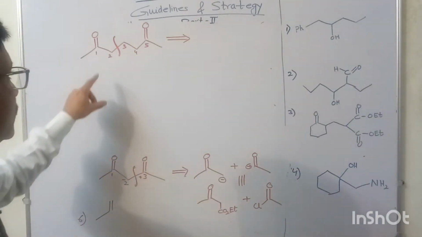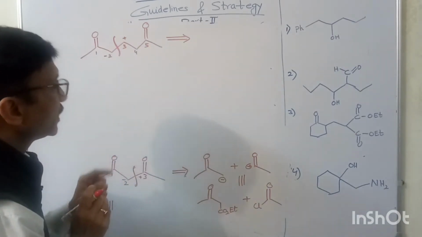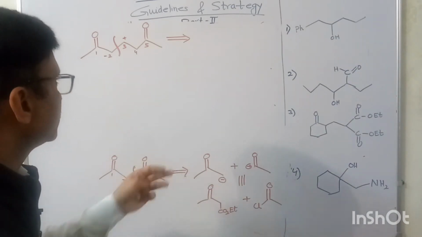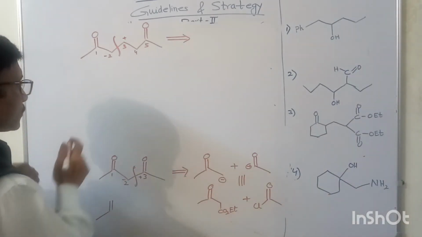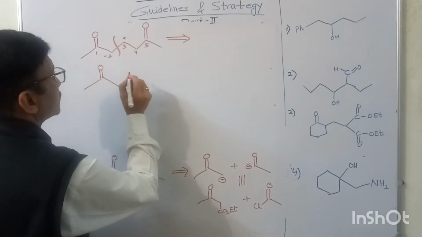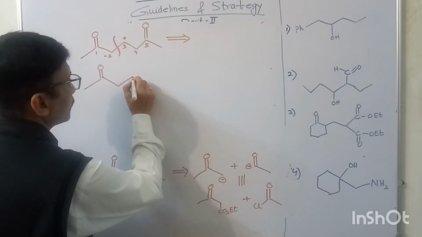Suppose this is minus charge, this will have plus charge, and you can have the synthetic equivalent similar to this. Now suppose you have a 1,4 dicarbonyl compound.